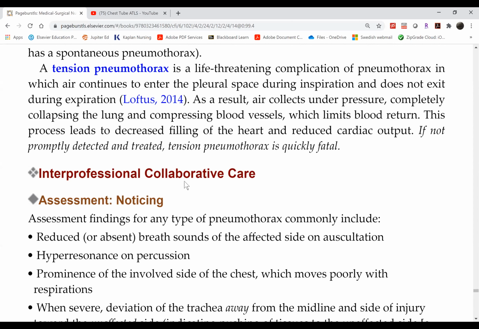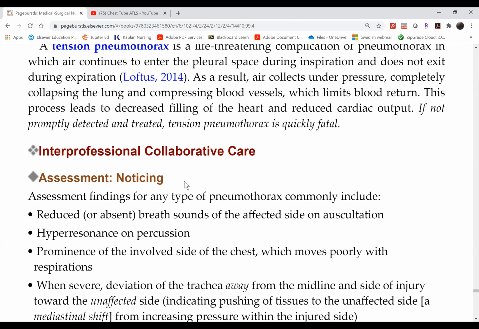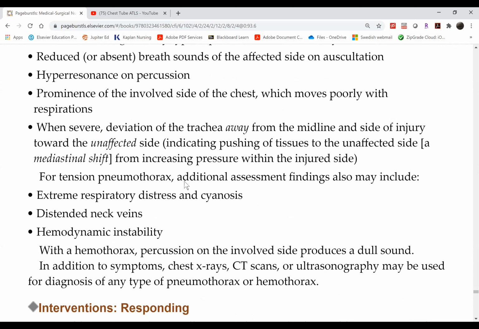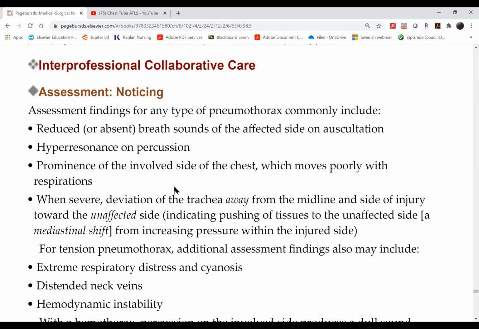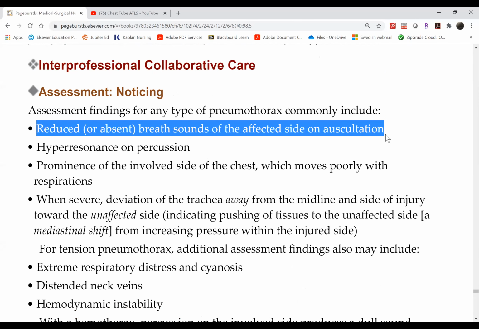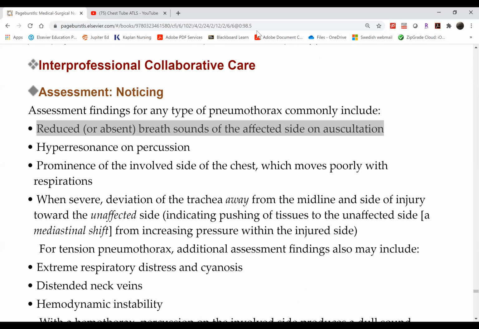So now you have air and bleeding in the thorax with nowhere to go. So that is an example of a tension pneumothorax. Now the symptoms, let's start with the pneumothorax. There will be no breath sounds on the affected side because the lung is unable to expand.